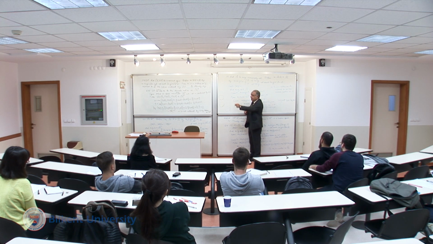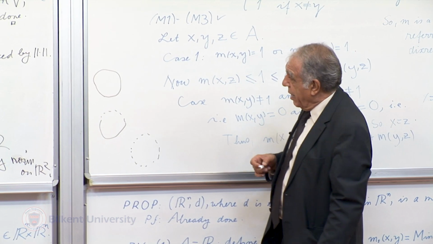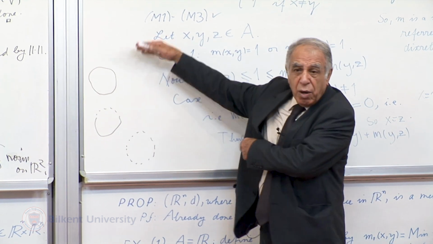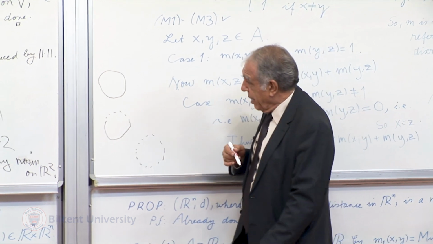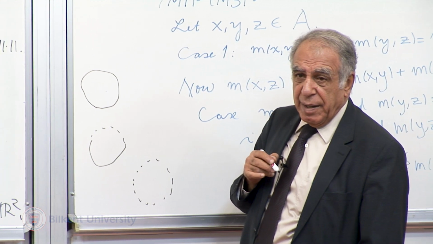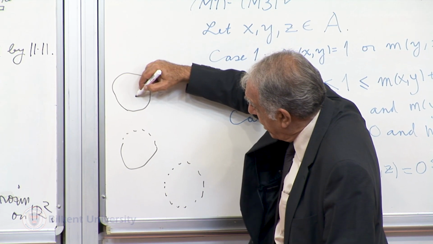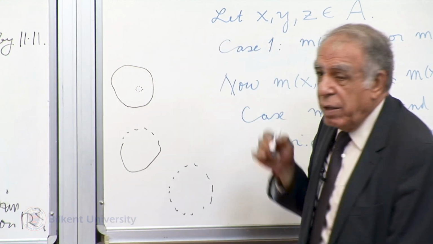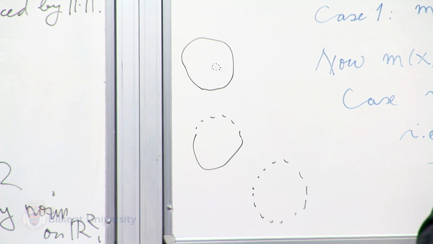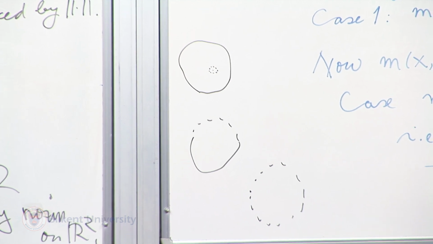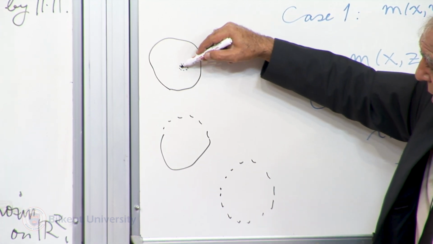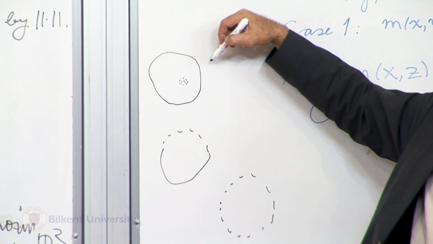Okay, now, another test will be the following. Well, this is all in the plane. Given a point in the set, can I find a circle around that point? I can choose the radius as small as I wish, such that the interior of the circle is entirely contained in the set.